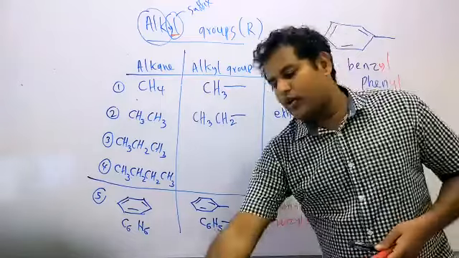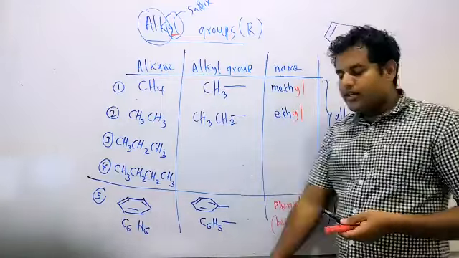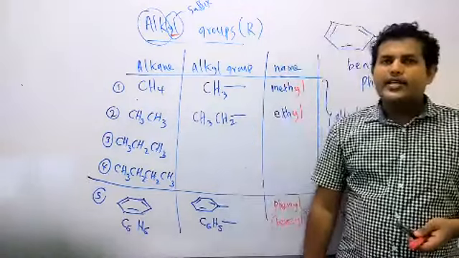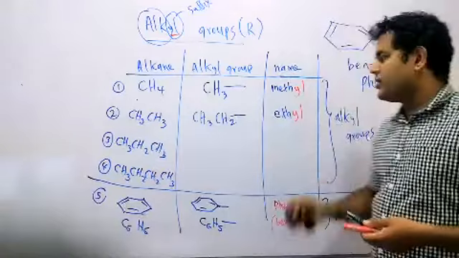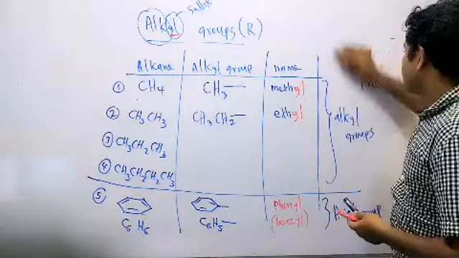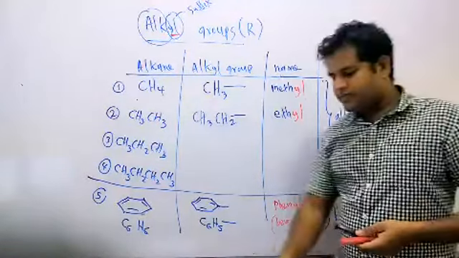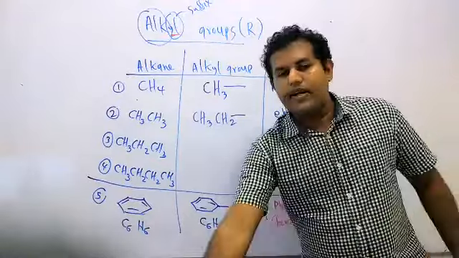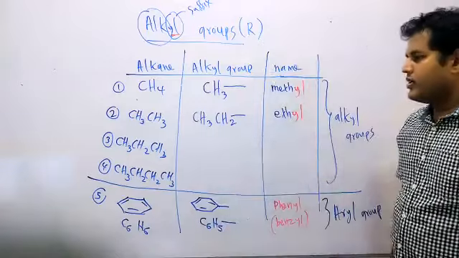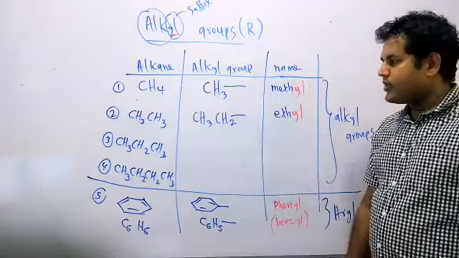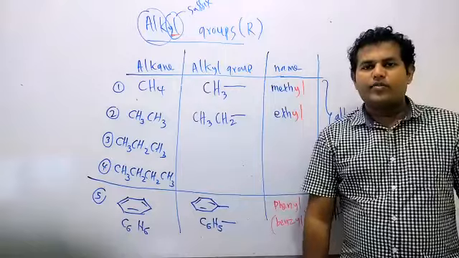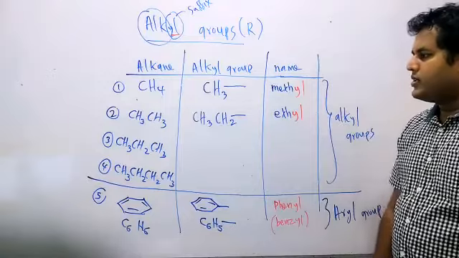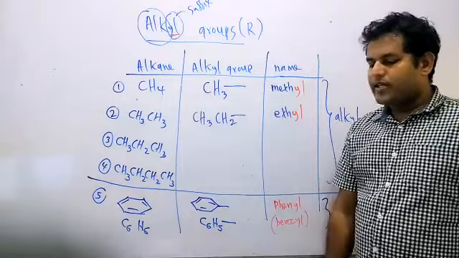These are alkyl groups. First write this sentence: we can obtain alkyl groups by removing a hydrogen from a given alkane.